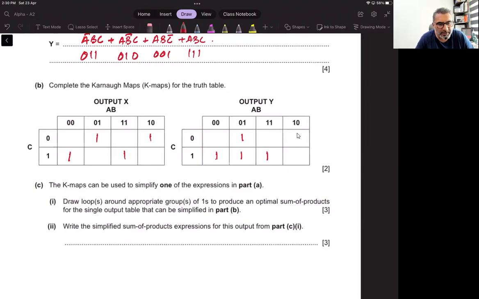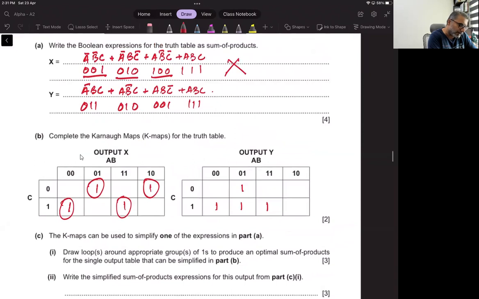Okay, so again, part C, K maps can be used to simplify one of the expressions in part A. Okay, this one. Draw loops around appropriate groups of ones to produce an optimal sum of products for the single output table that can be simplified in part B. This cannot be simplified because they are not in position to be put together and form loops, so they will always be separate, and this expression will never be simplified, not simplified whatsoever.